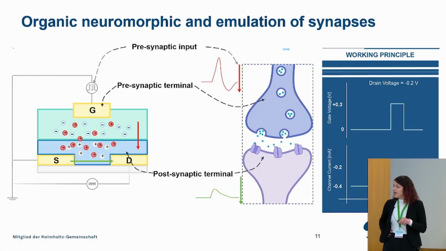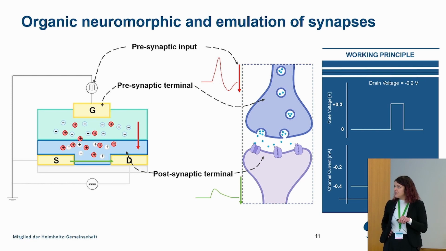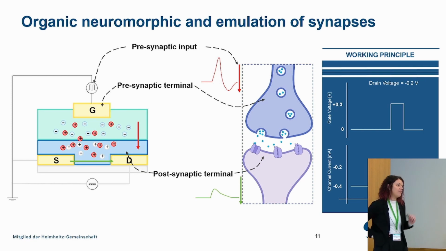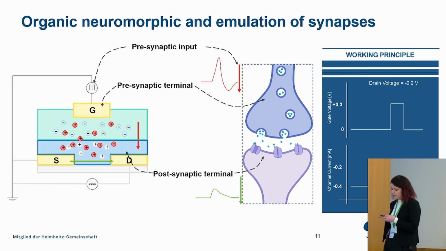Now, when an action potential is generated and comes in the first neuron, this can be seen, for instance, as a train of pulses being applied at the gate of the OECT on the other side.